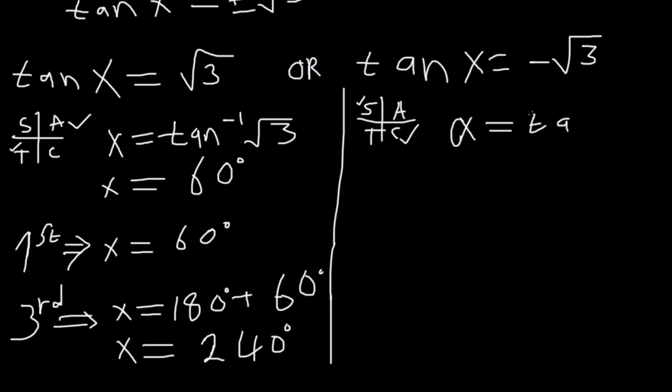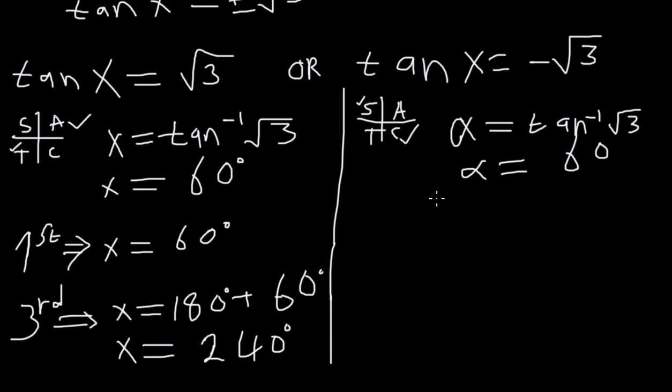When you change your value from positive to negative, you also change the symbol that is symbolizing your theta. I've changed it to positive. So my alpha is going to be 60. Now, my alpha is not the answer. I've been told to find x and not alpha.